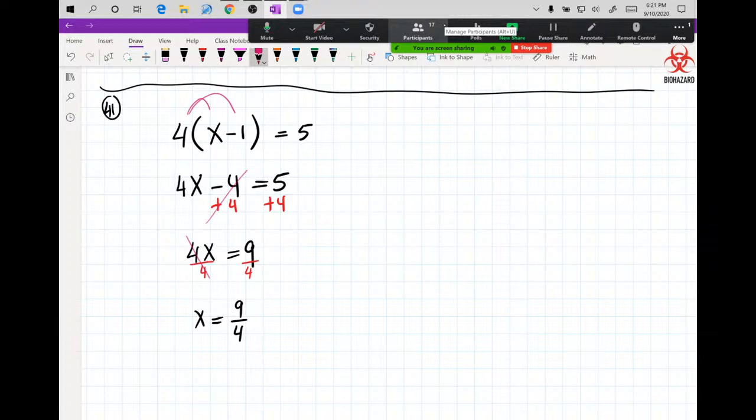Anyway, there it is. 9 quarters. 9 quarters is our solution in this case. Now, what I'm going to do here on the side is the other way. Let's go orange. Way 2.